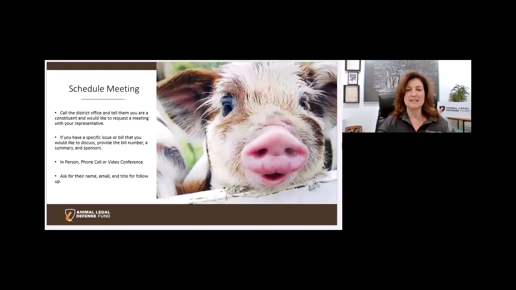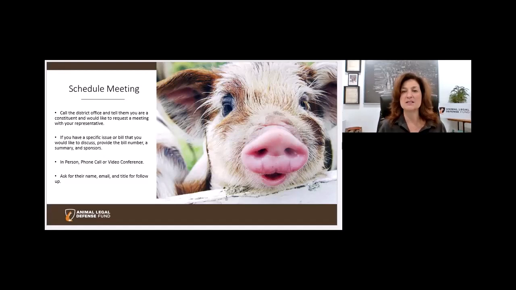So that aside, it's finally go time. Let's schedule a meeting with your legislator. A phone call is great. It's a tried and true way to communicate, or you can ask their offices if they're using video conferences. I think everybody is using Zoom, Skype, Google Hangouts, some sort of video conferencing.